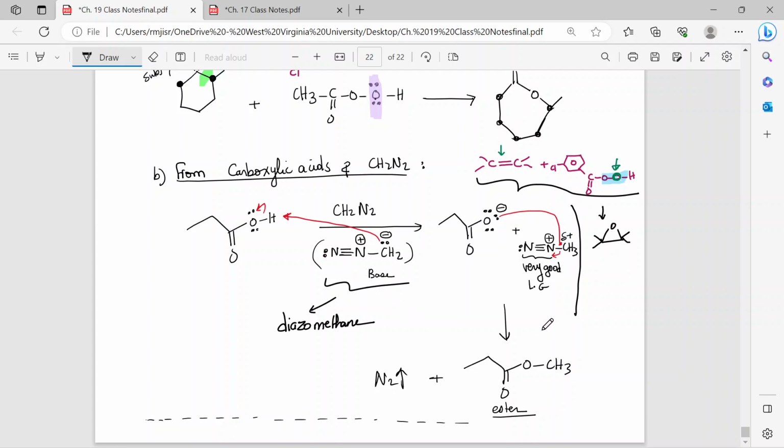The mechanism you are not responsible for in this reaction, but you are responsible for the reaction itself. And for this reaction, all you are doing is replacing the hydrogen of the acid with a CH3.